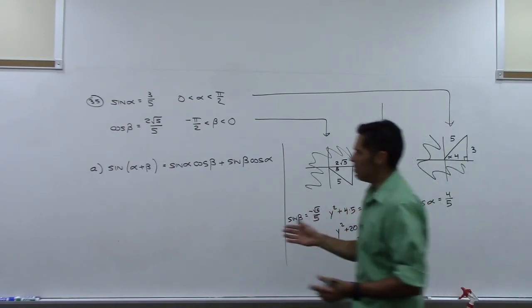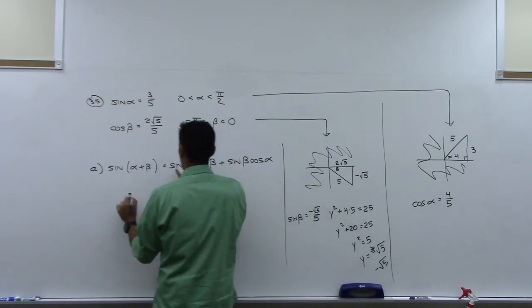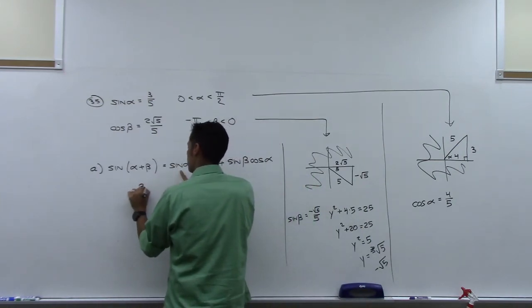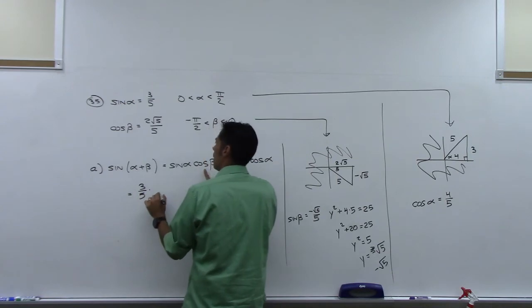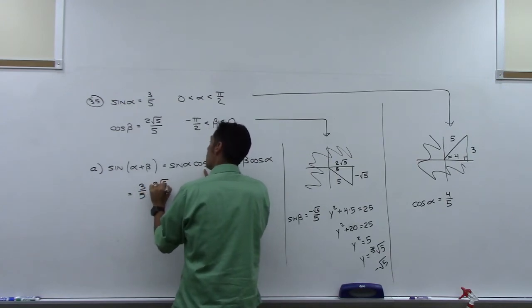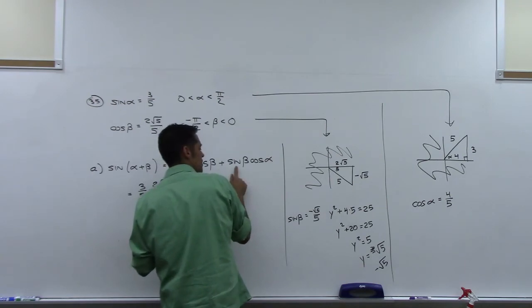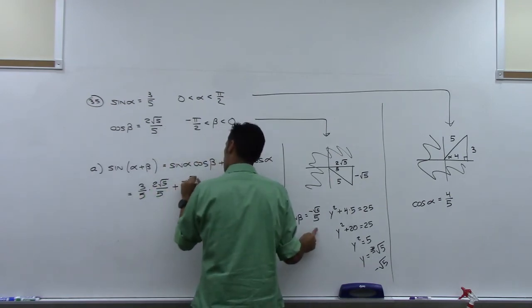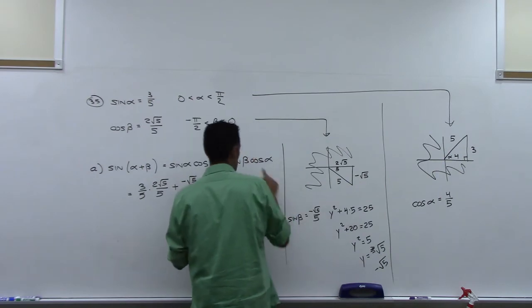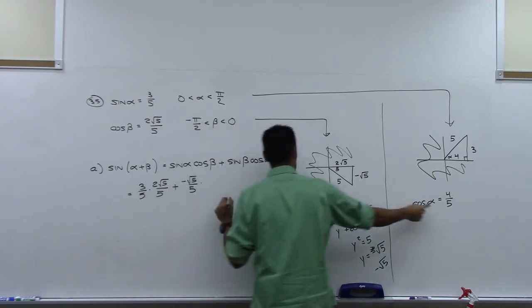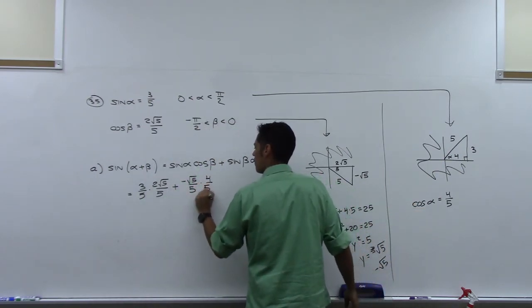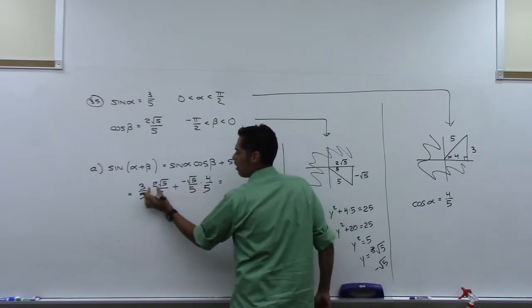All right, now I come back here and I'll fill everything in. This is equal to sine of alpha, which was 3/5, times cosine of beta, which was 2√5 over 5, and then plus sine of beta, which was negative root 5 over 5, times cosine of alpha, which was 4/5. And let's see what we get here. We multiply here.